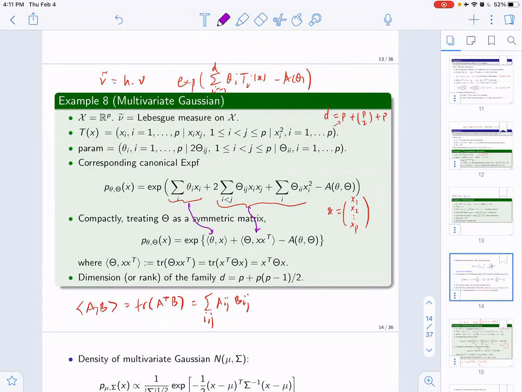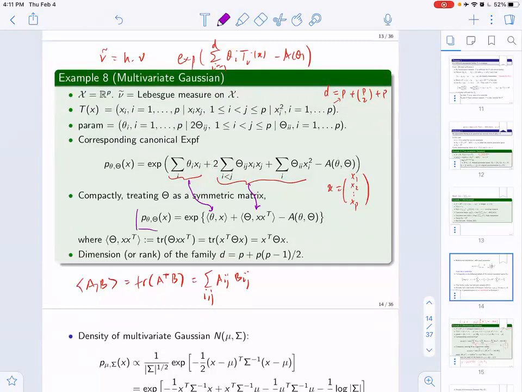I'll let you verify this. The reason we added the 2 is because of this: we wanted this to look like that. You'd use the properties of trace to verify that you can write it this way. So this is a compact way of writing a multivariate Gaussian in canonical form.